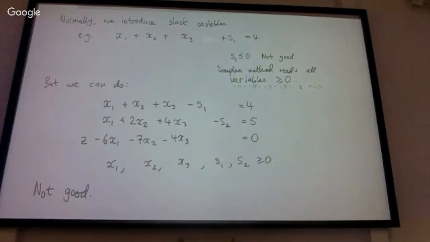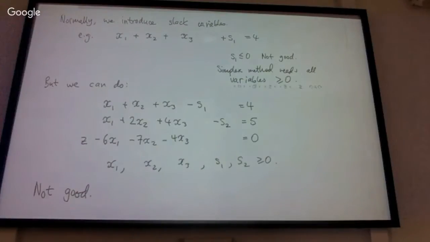And the reason I put not good there, and the reason we're in trouble, is that the simplex method wants some basic variables. And what do the columns of the basic variables have to satisfy?